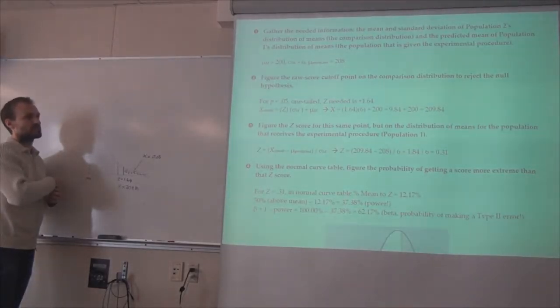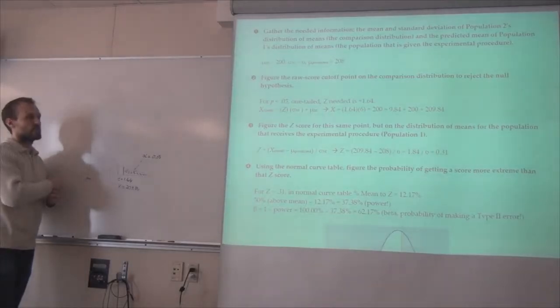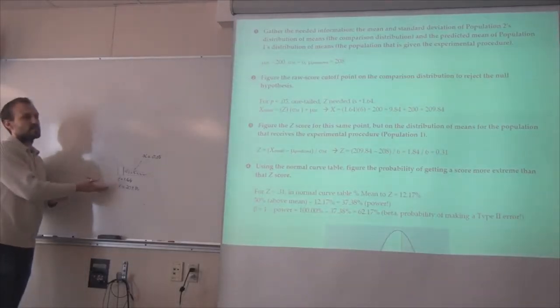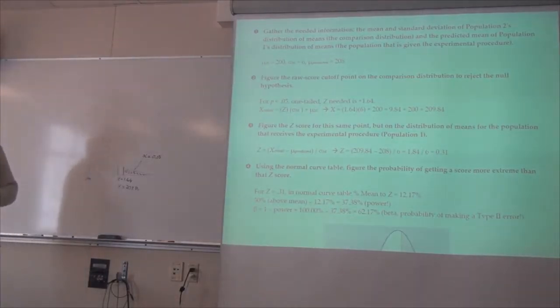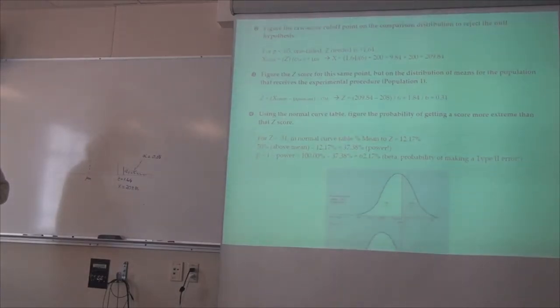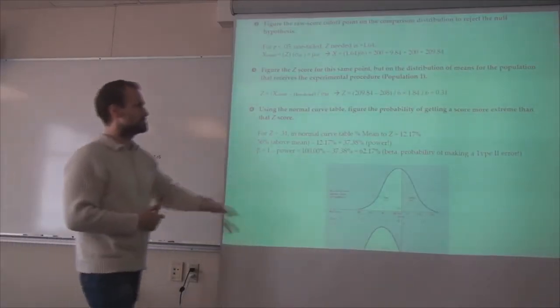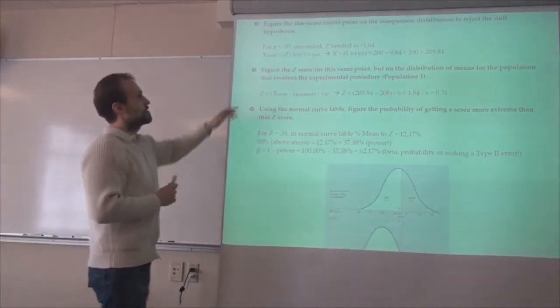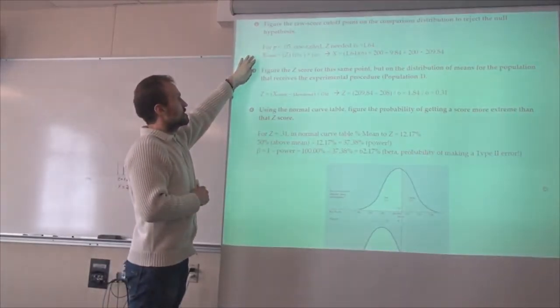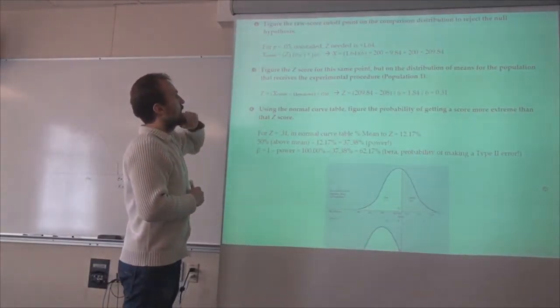If the research hypothesis is true and there was an increase, I didn't reject it. What is the probability of a type 2 error? This is what the power is going to tell me. So I'll zoom in on that sketch in a second. It's surprisingly small.